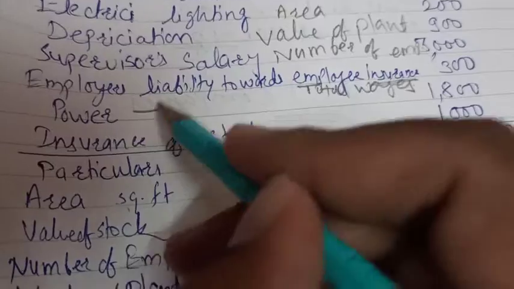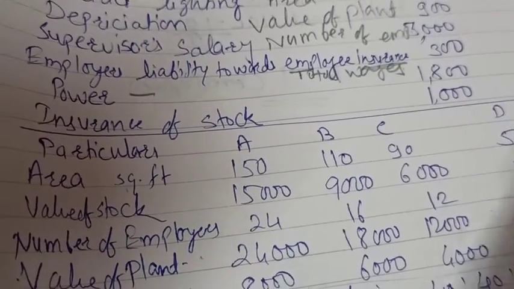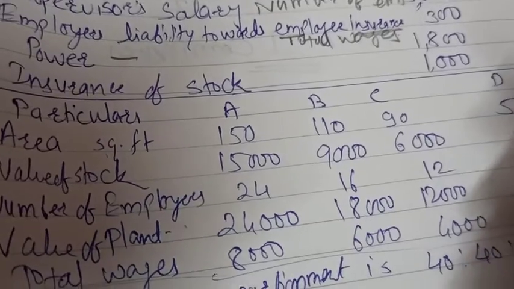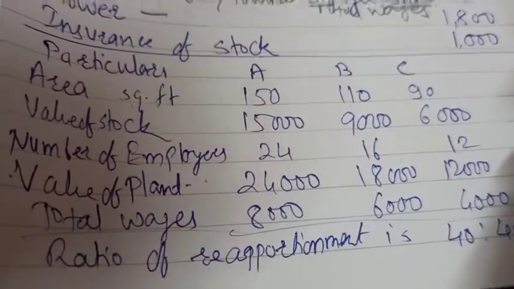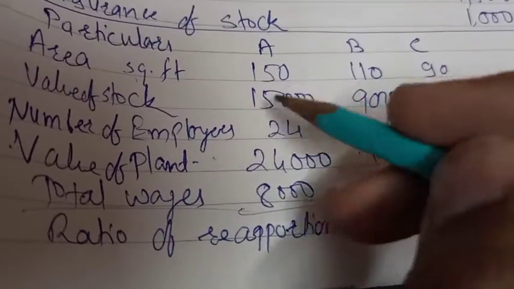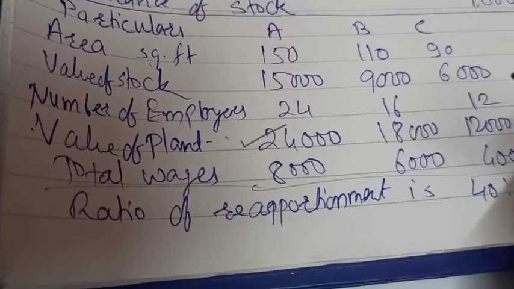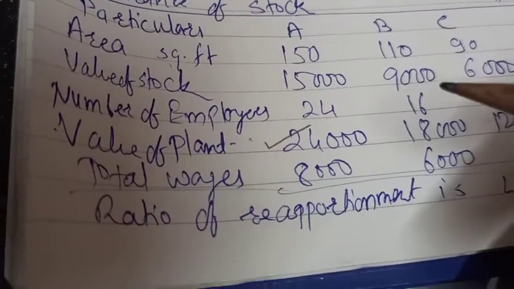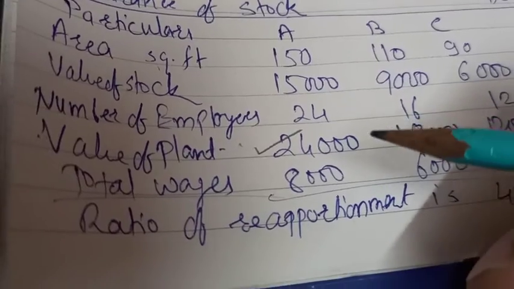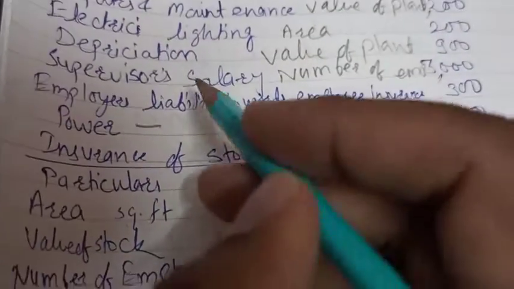Next is power. For power, which will be the suitable basis? Value of plant, because power is used by machines. So value of machine or value of plant will be an appropriate basis for power.